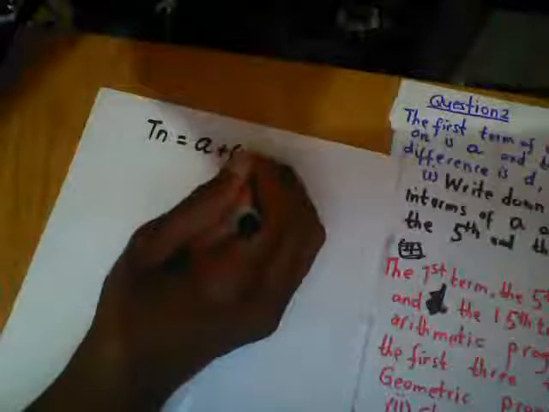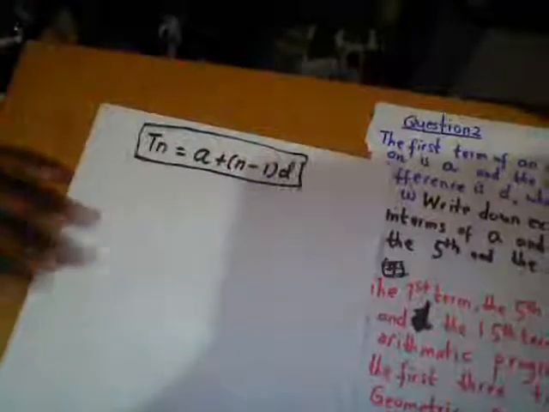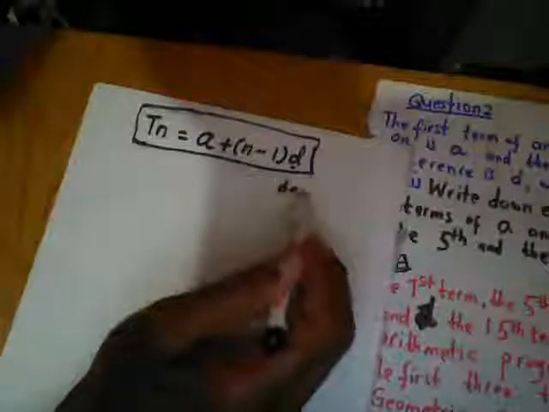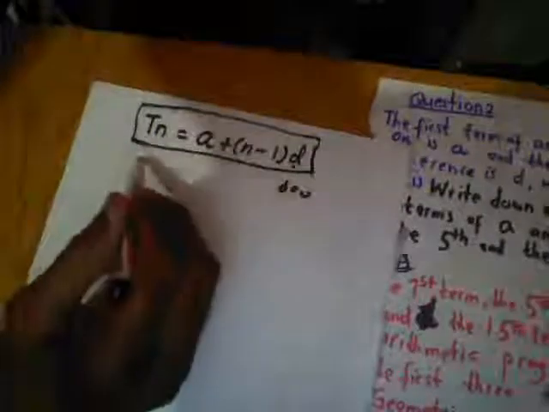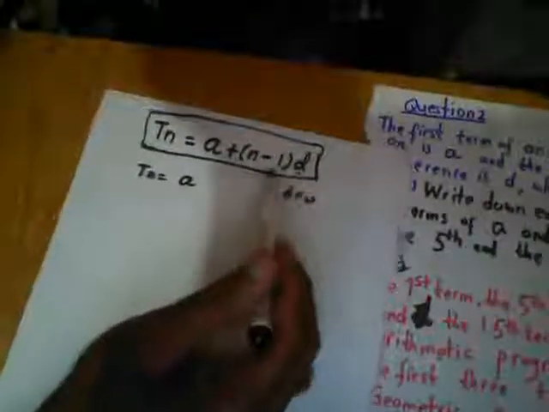The formula to get any term in an arithmetic sequence is Tn equals A plus n minus 1 times D. D should not be equal to 0, because when D equals 0, everything after A becomes 0, so our term Tn is going to be equal to only A. That's why they explained that D should not be equal to 0.